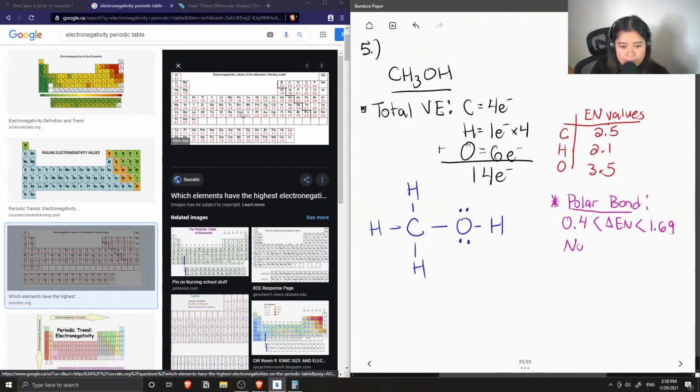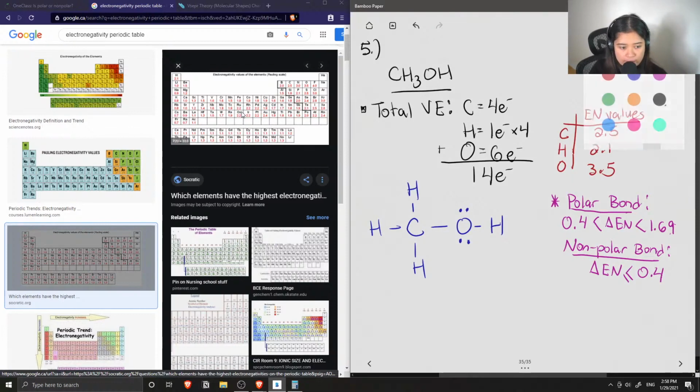And we know we have a nonpolar bond when the electronegativity difference is less than or equal to 0.4. Okay, so now let's calculate the different electronegativity differences between our atoms.